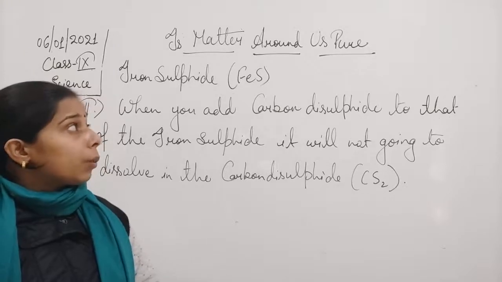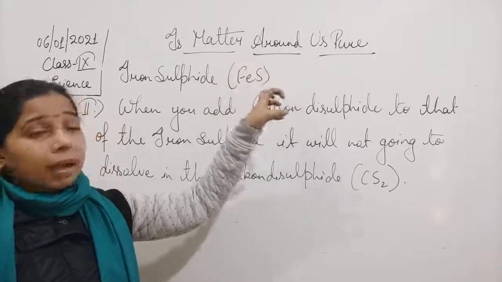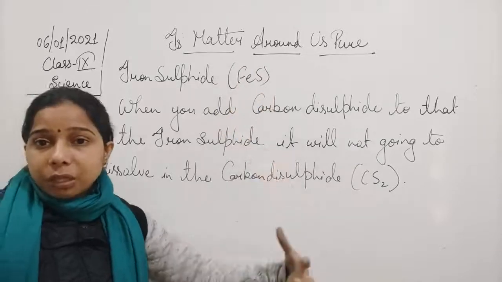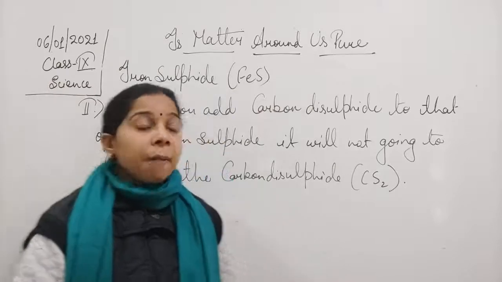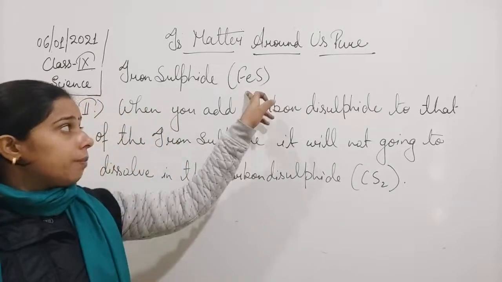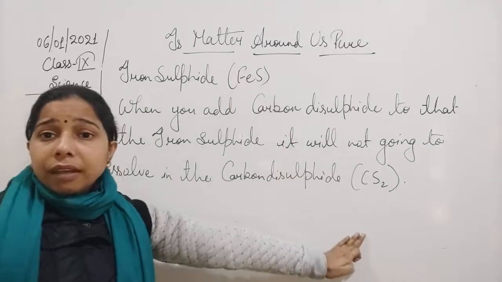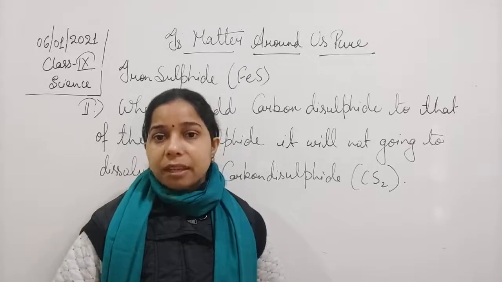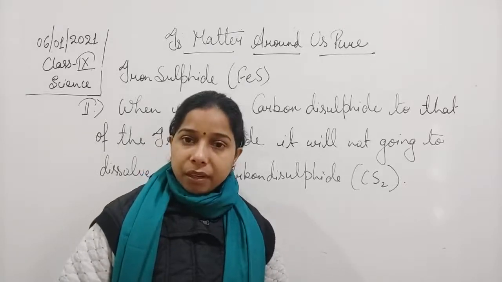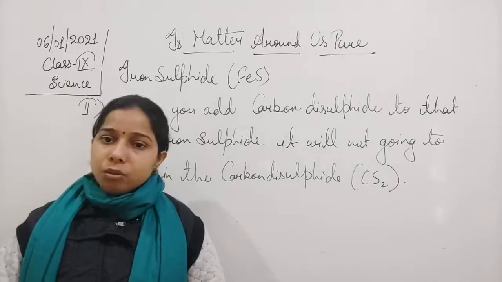Now here we have taken the substance formed by the reaction between the iron filings and sulfur. So when you add this iron sulfide to the carbon disulfide, you will find that it does not dissolve. Earlier, in the case of the mixture, it dissolved, showing the property of sulfur. Here it is not dissolving.